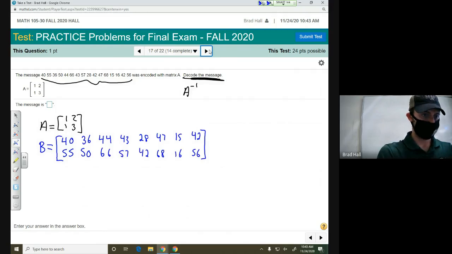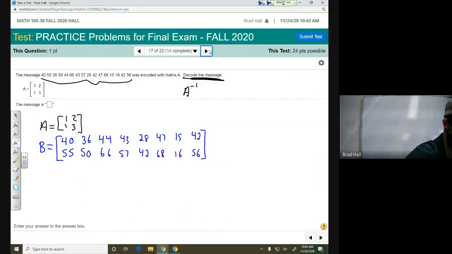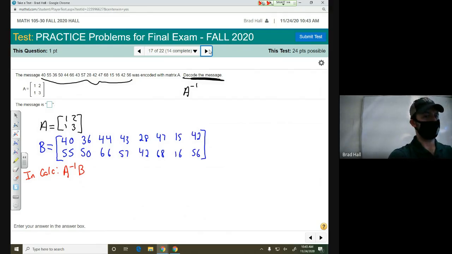Okay, in the calculator, you want to make sure you put this in correctly. A inverse B is what you should have, because you have the inverse to decode the message. So I'm going to type in A, then press the inverse button, and then B.